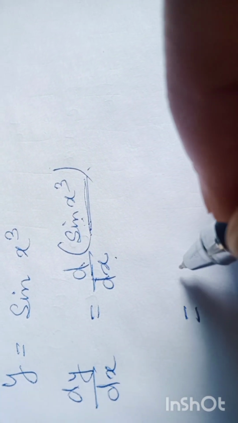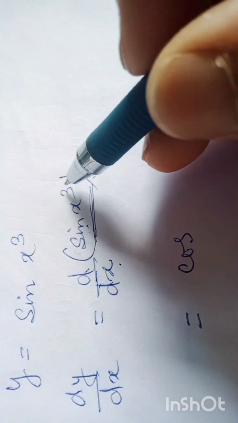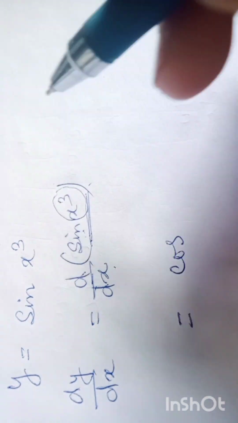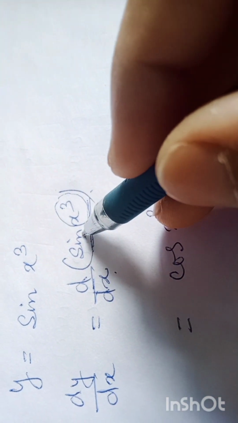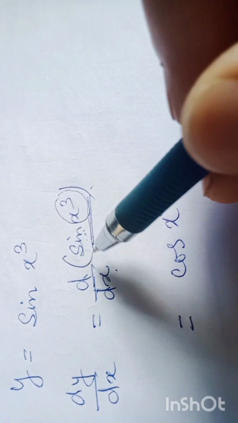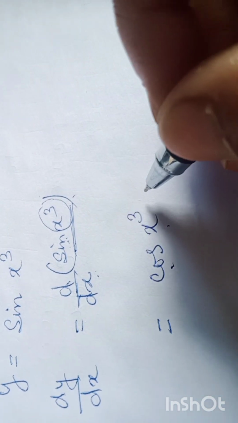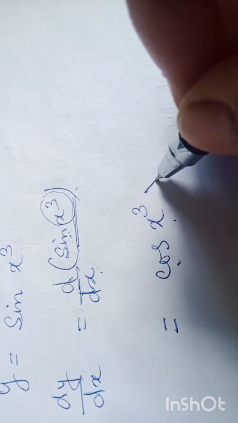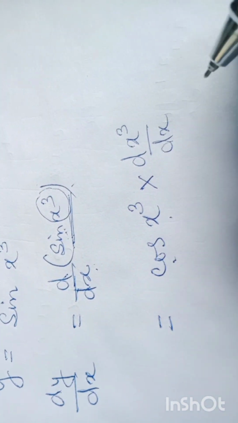Differentiation of sine becomes cos, and this x cube function remains as it is. Only sine is differentiated in the first step. So it becomes cos x cube, and now in the second step we will differentiate x cube with respect to x.